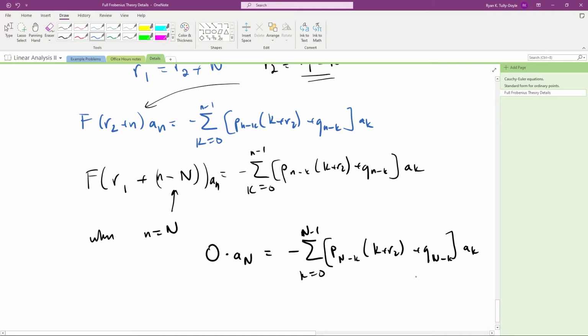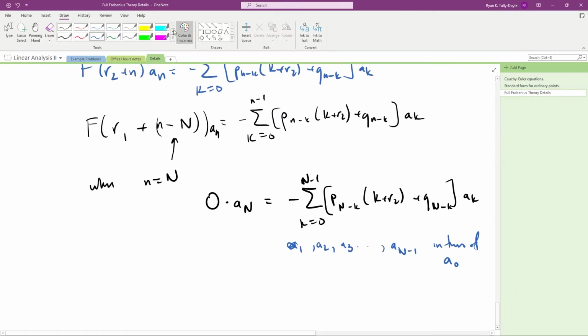So when we get to this point in the recursion, we're going to have already found a1, a2, a3, and every previous term up to a_(N-1) in terms of a0. And what that means is that if I come up in here and replace every one of these a_k's with its expression in terms of a0, all of this is just going to turn into a giant constant.